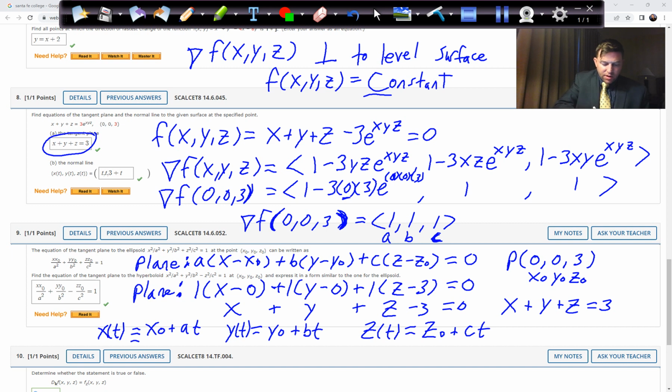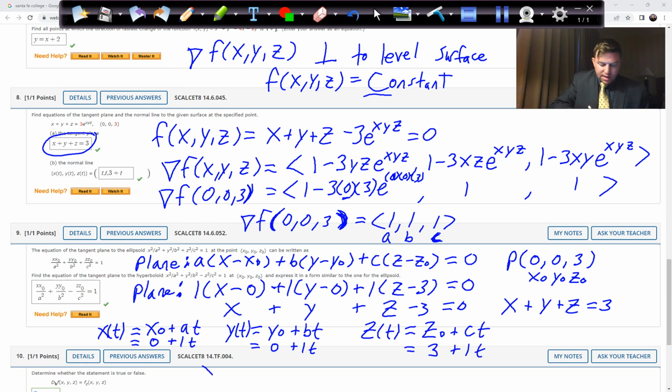Well, again, we know x0 is 0, we know a is 1, and t is t. For y of t, we know y0 is 0, b is 1, and t is t. For z0, that's 0, but c, not 0, z0 is 1. Boy, where am I tonight? z0 is 3. c is 1 times t.